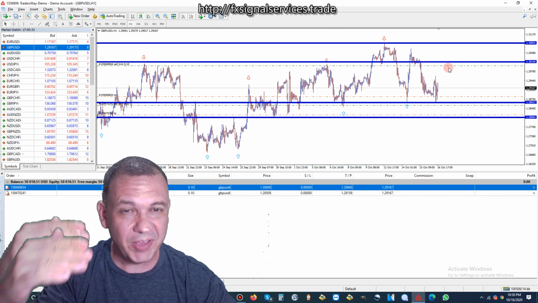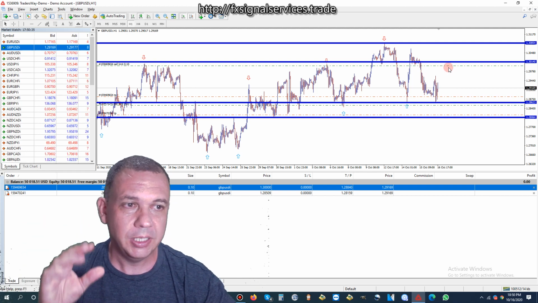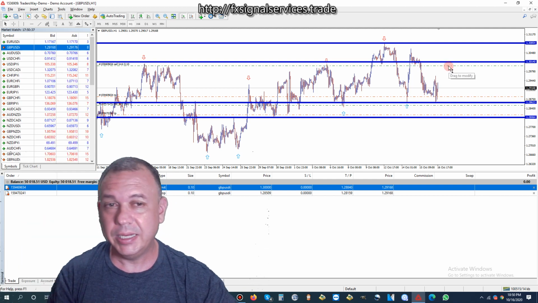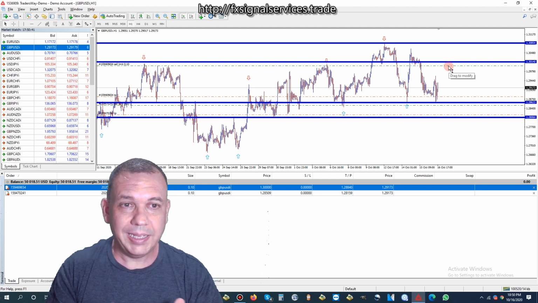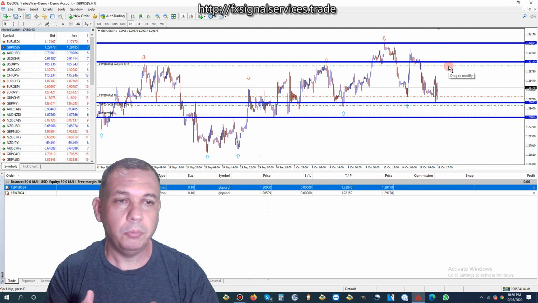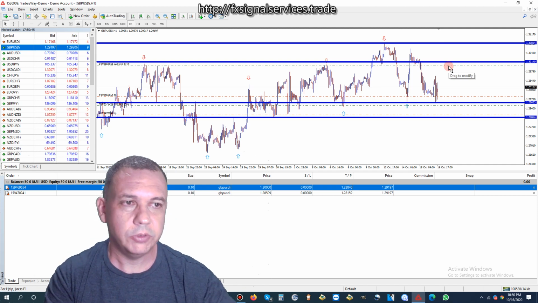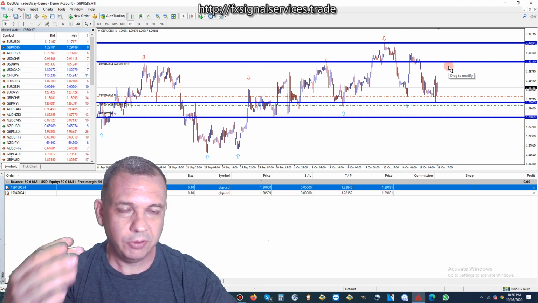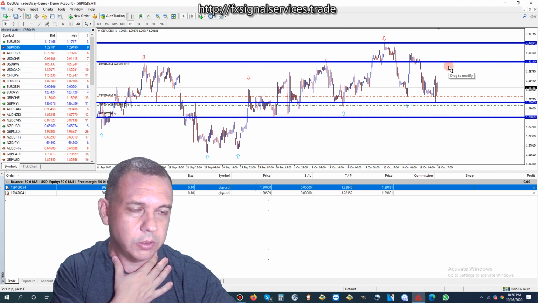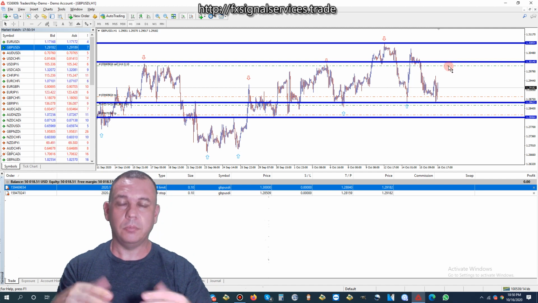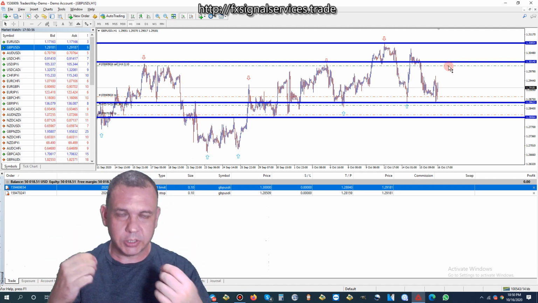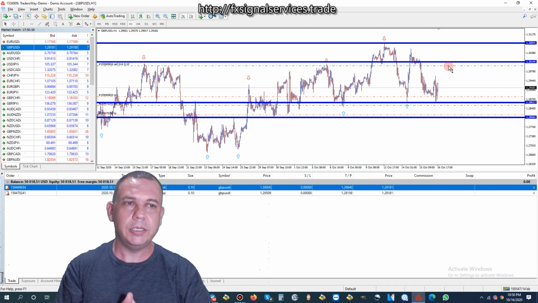So anyhow, this is a super effective strategy to catch a lot of pips, and it's easy to implement. I don't want to say foolproof, but it is almost guaranteed results. I have a very, very high win rate with this strategy. I know this is going to take some time to figure out, but it's really easy to do.